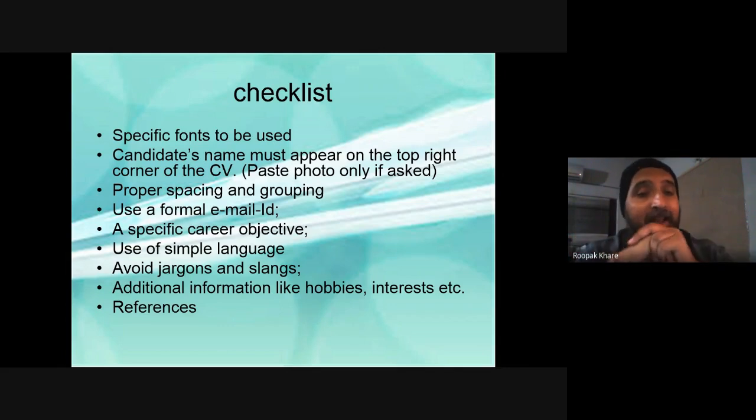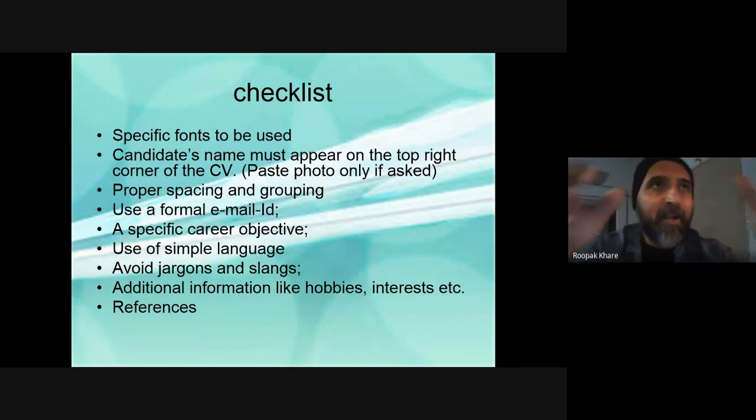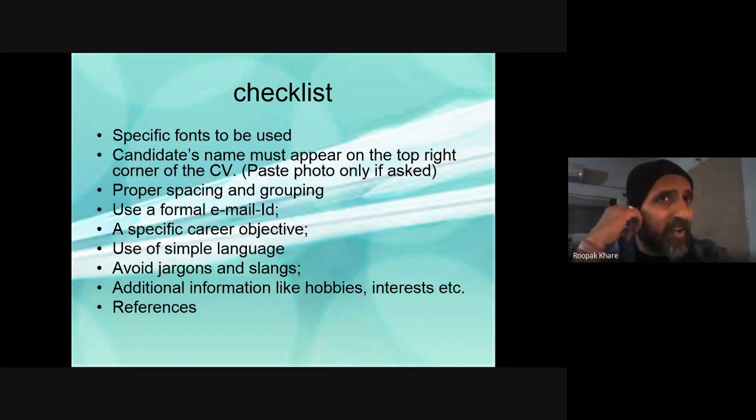Then use simple language, avoid jargons and slangs, as I've already mentioned, and additional information like hobbies, interest, all this can be a part of CV. Your references should certainly be given in a CV. Now, what does a reference mean? See, references are people who probably are a part of your academic experience. Somebody who had taught you, maybe your head of the department, or anybody who's associated, who knows you very well.